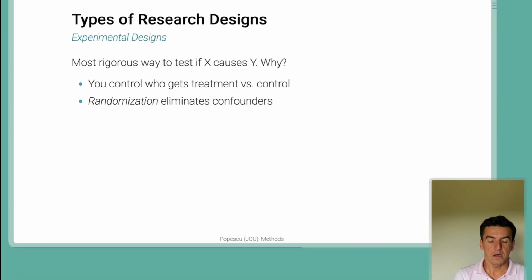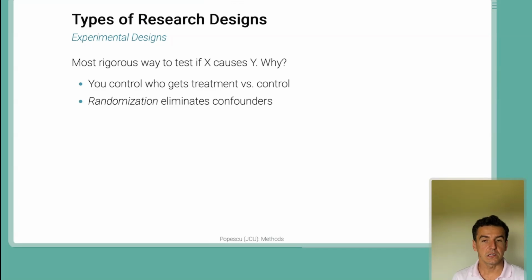Okay. Another type of research design here are experimental designs, right? So this is probably the most rigorous causal way to identify whether your independent variable X has an impact on your dependent variable Y. The reason why this is so much appreciated is because you can control who gets into the treatment and who stays in the control group.